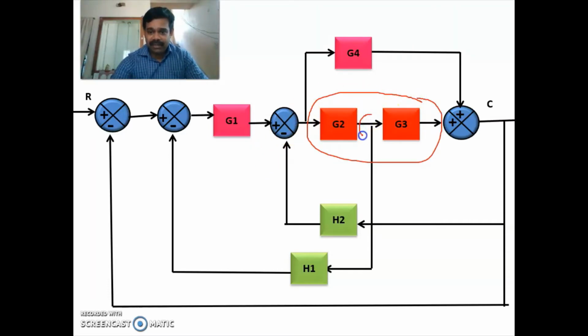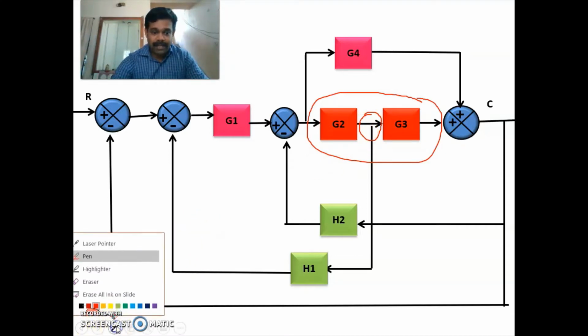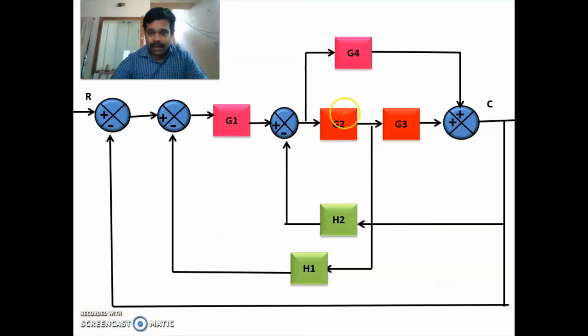When analyzing this figure, the blocks G2 and G3 are in cascade, but there is a branch point between them. So directly we can't apply the rule of combining the cascaded blocks G2 and G3, because there is a branch point between them.